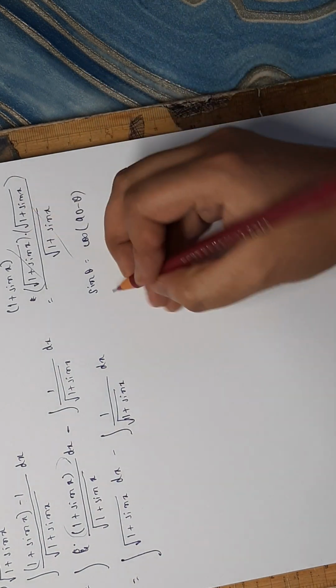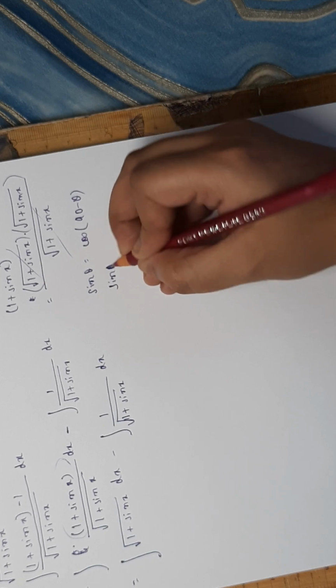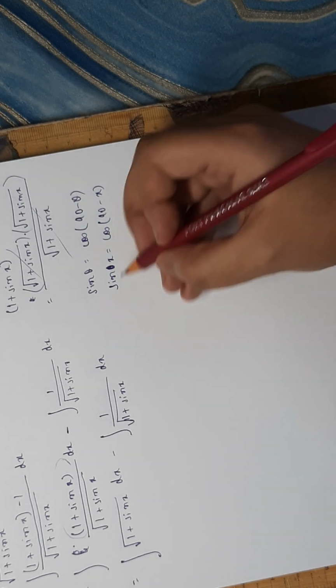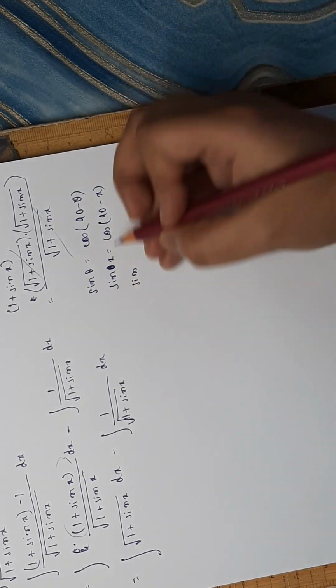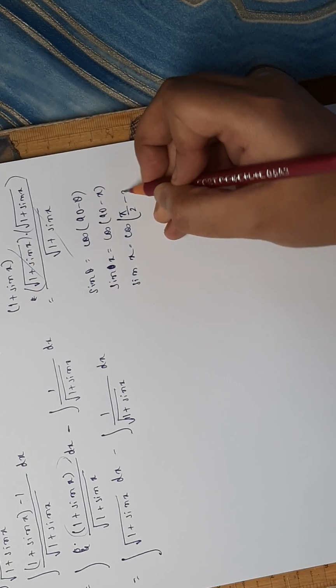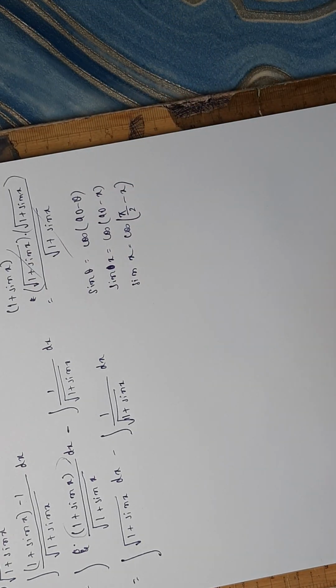And here theta is x, all right? So this will be cos of 90 minus x. And to be more exact, 90 is actually written as pi by 2 minus x, okay?